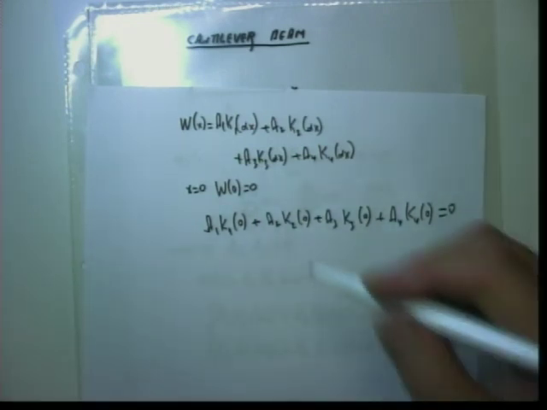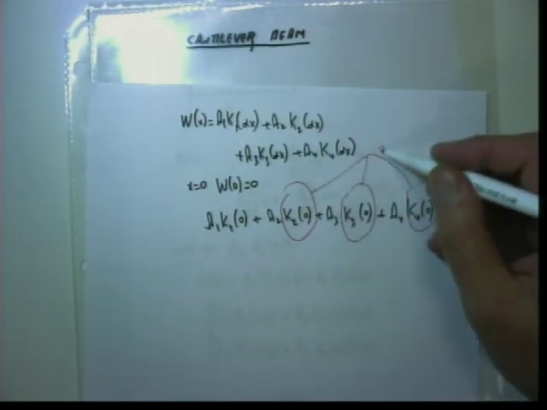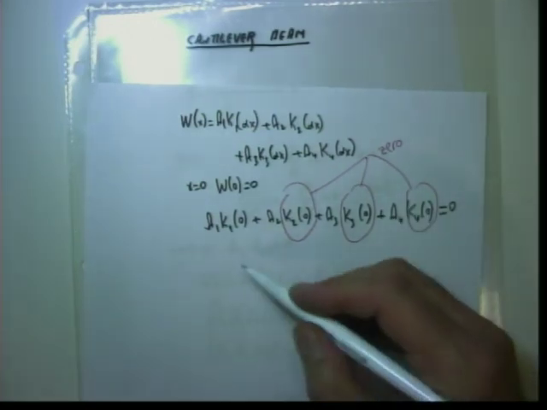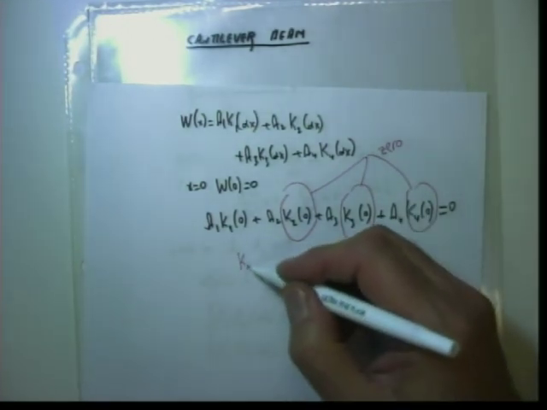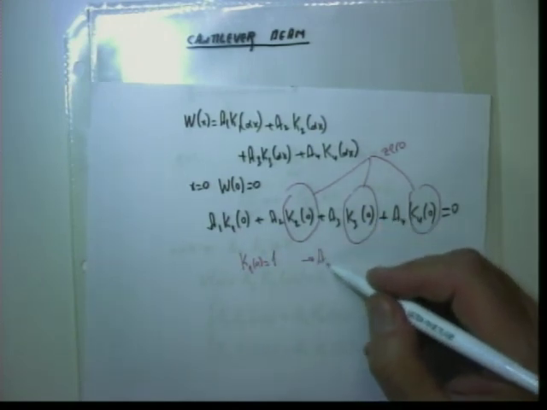But these quantities all equal 0, and K1 at 0 equals 1. So from here we get A1 equals 0.